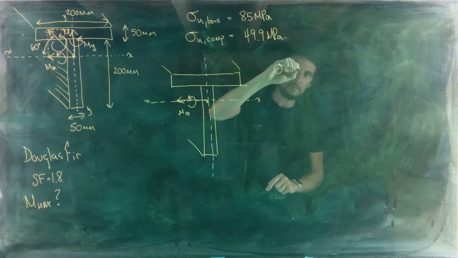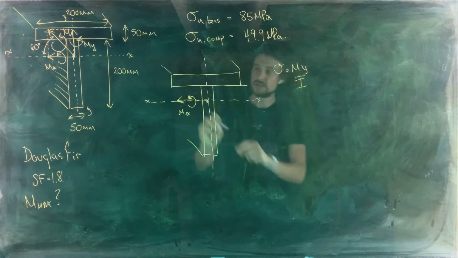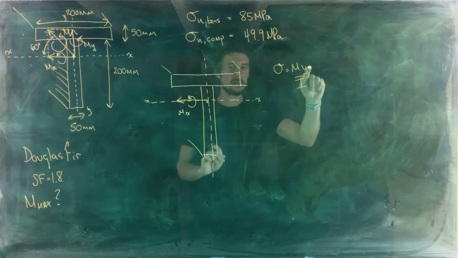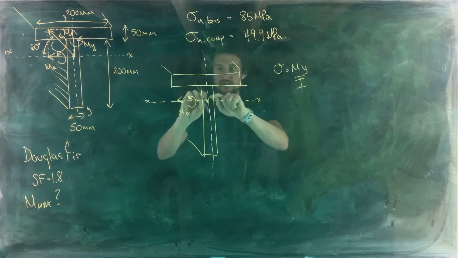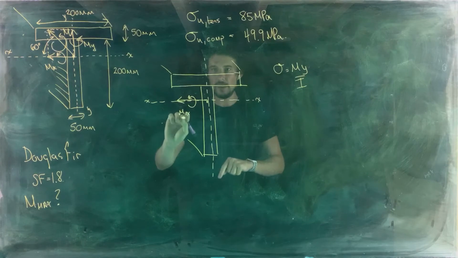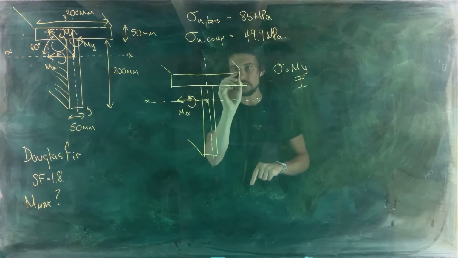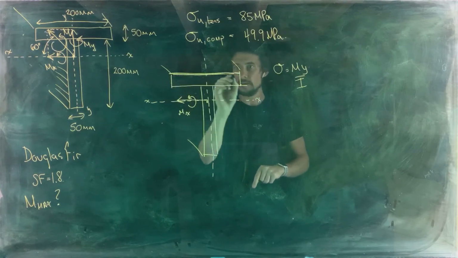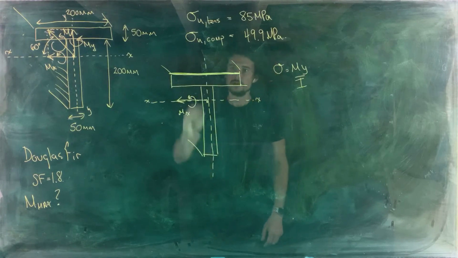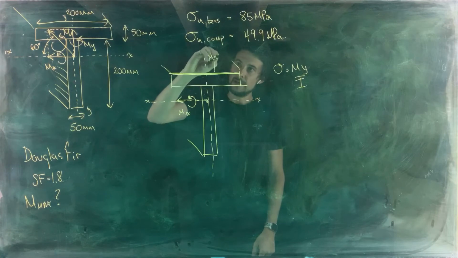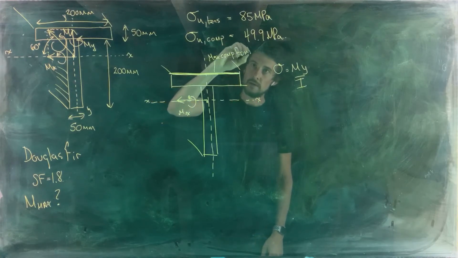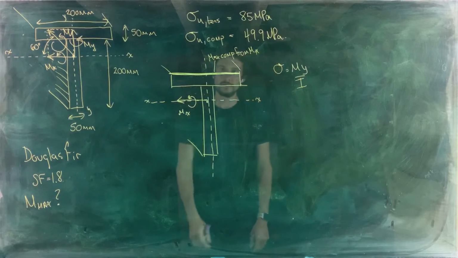Sigma equals My over I. So as we go away from the axis of bending, that's increasing distance y here. So the maximum compressive stress from Mx will be at the top of the beam here. Okay. So this is the max compression from M subscript X, right?